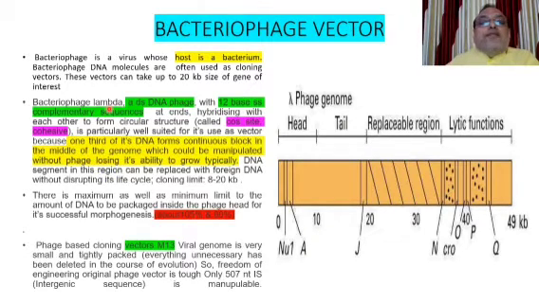In the lytic life cycle, when the lambda phage enters its host, it multiplies itself and causes cell lysis, and the new phages are released, which infect new hosts, and so the multiplication goes on.